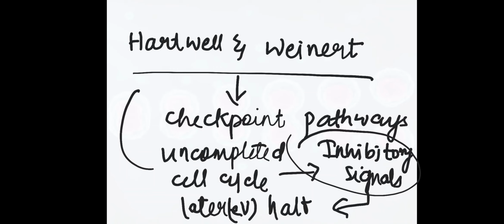In most cells there are several checkpoints. To classify the cell cycle checkpoints, we take three major checkpoints.